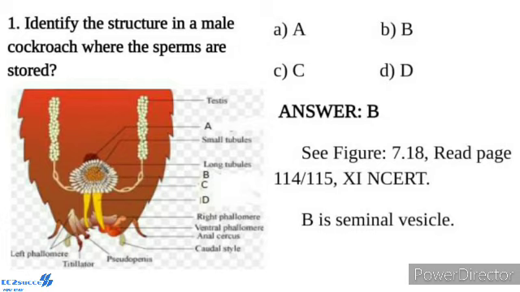The sperms are stored in seminal vesicles or glued together to form bundles called spermatophores. The spermatophores are discharged during copulation. So the correct answer is option B. B is seminal vesicle, A is phallic gland, C is vas deferens, D is ejaculatory duct.